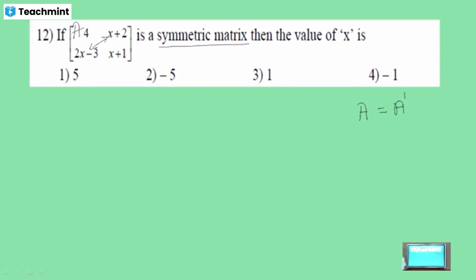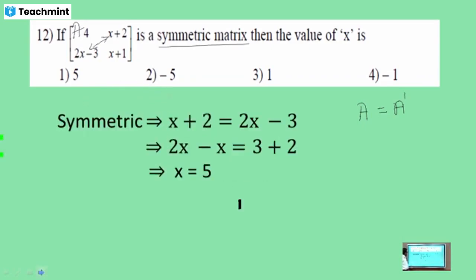That implies these two elements are equal, corresponding elements are equal. Taking that condition, x plus 2 equal to 2x plus 3. So I will get x equal to 5 as the solution. Hence our solution is the first option. Very simple question it is.